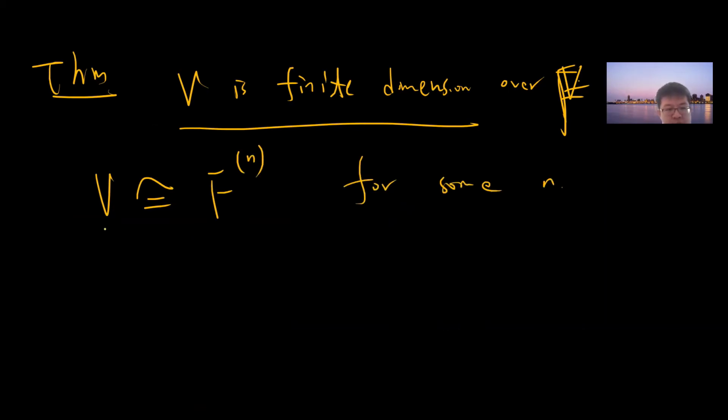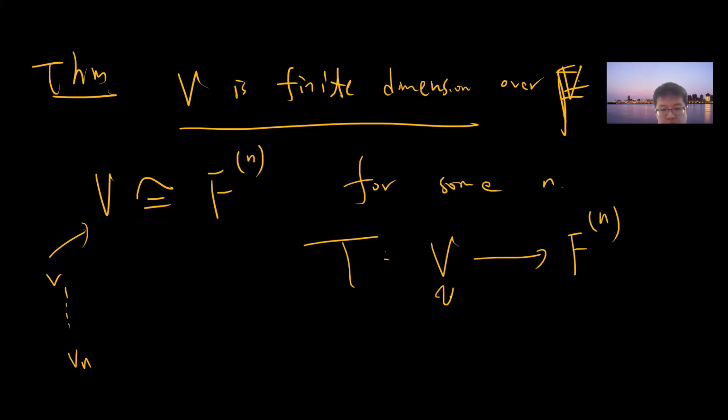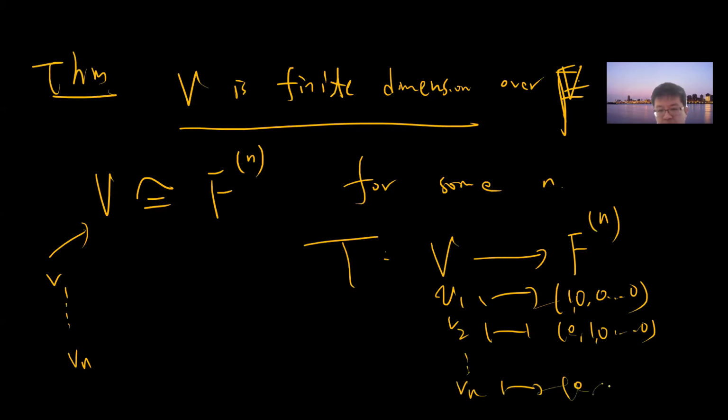This is also simple, because V has a basis V1 up to Vn, which are linearly independent, so you can construct a linear transformation from V to F^n by mapping V1 to the standard basis 1, 0, 0, ..., V2 to 0, 1, 0, ..., and Vn to 0, 0, ..., 1. It is easy to check this is injective. It is also onto, because any element of F^n is a linear combination of the standard basis, so you can map it back. Okay, so this is an isomorphism.